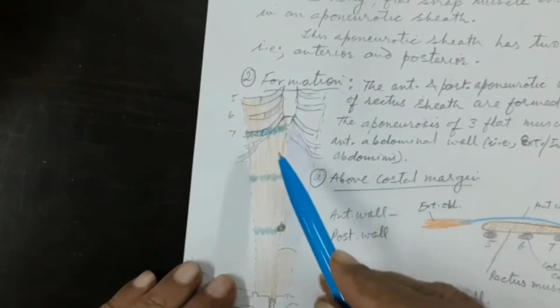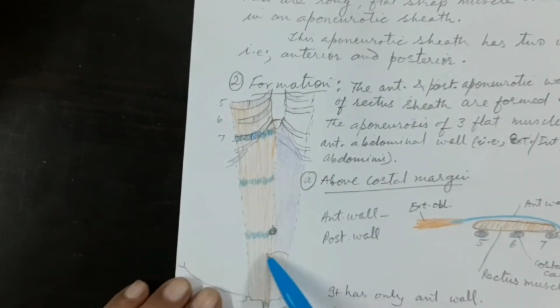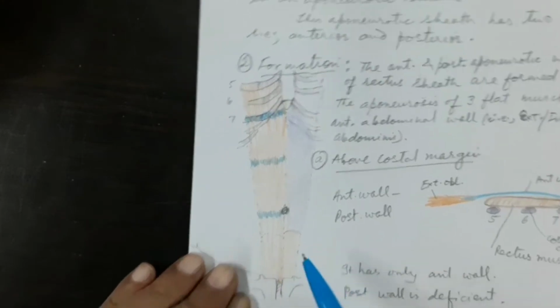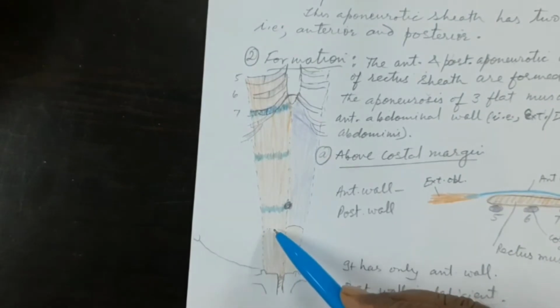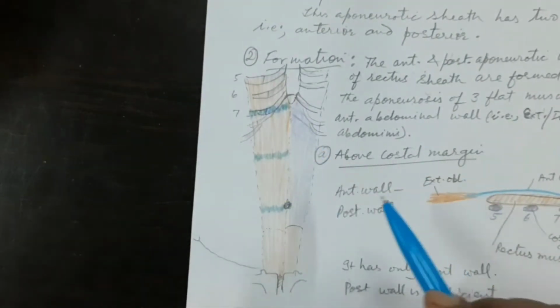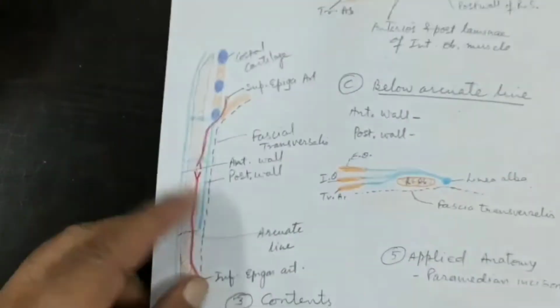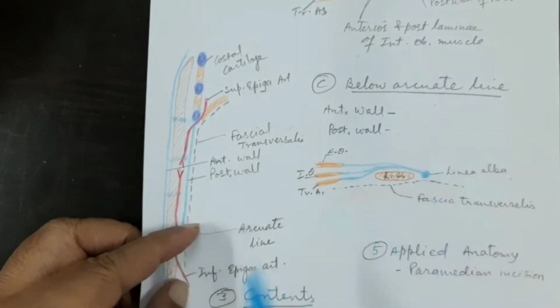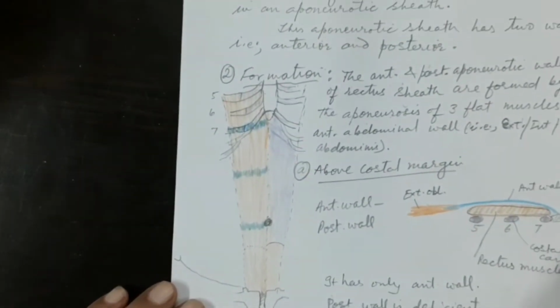This is the costal margin and this is the arcuate line, and on this side I will also draw the arcuate line by a dotted line. From the costal margin to the arcuate line, how is the rectus sheath formed? And in the third step, we will learn how the rectus sheath is formed below the arcuate line. So understand it again.